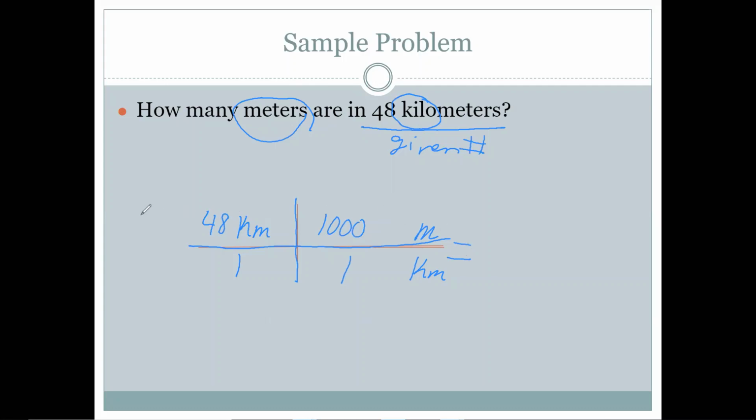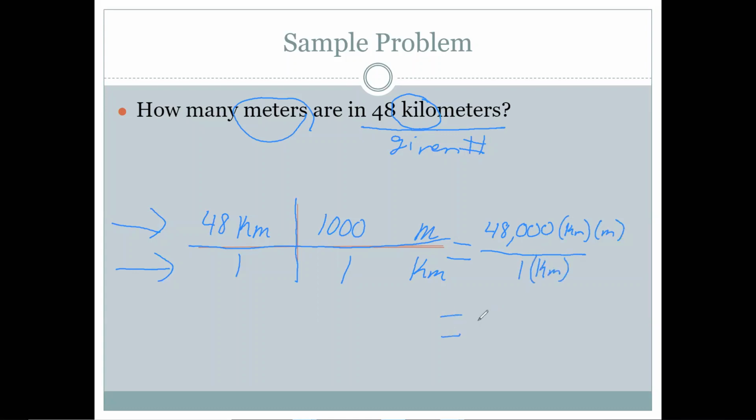And so now we multiply straight across. We're going to multiply top straight across, and we're going to multiply bottom straight across, okay? And that's going to give us 48 times 1,000. We have kilometers and meters over here, so I'm going to put them in parentheses. And then we have 1 times 1, which is 1 kilometer on the bottom.